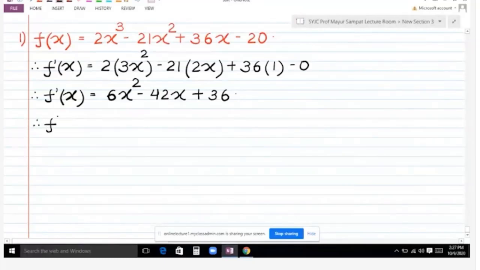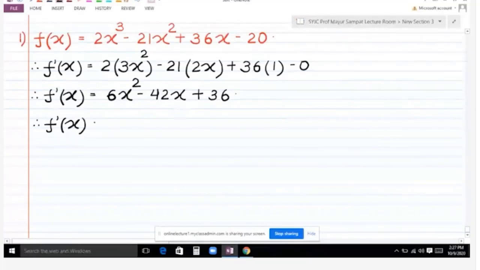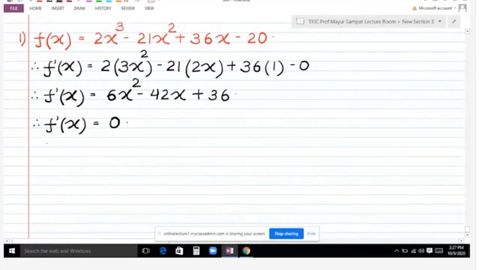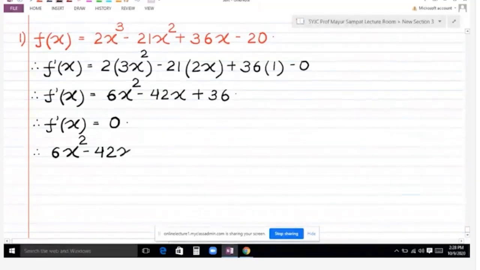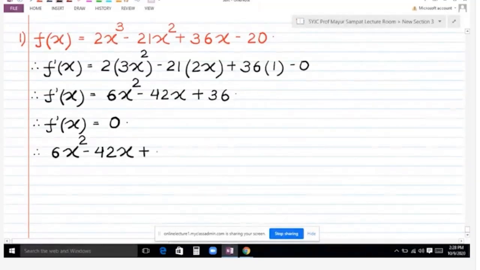Therefore the value of f dash x is equal to 0. We get the answer as 6x square minus of 42x plus 36 is equal to 0.